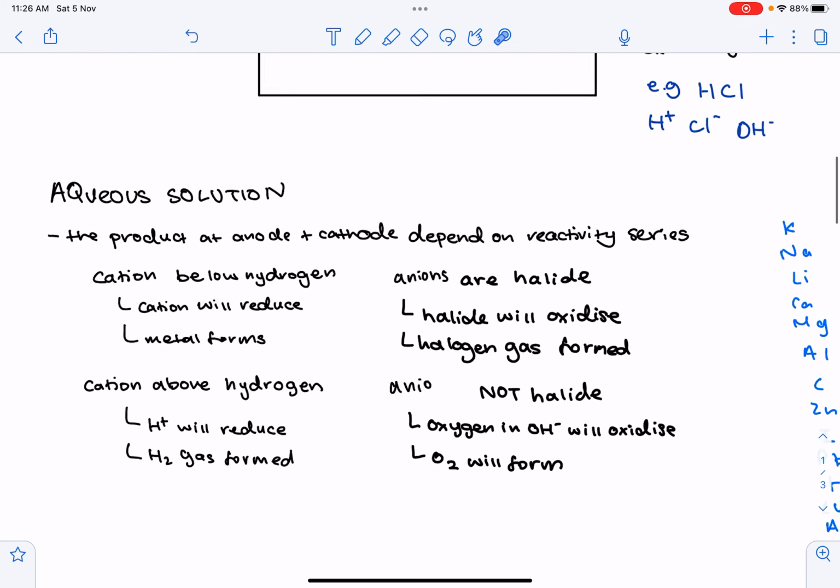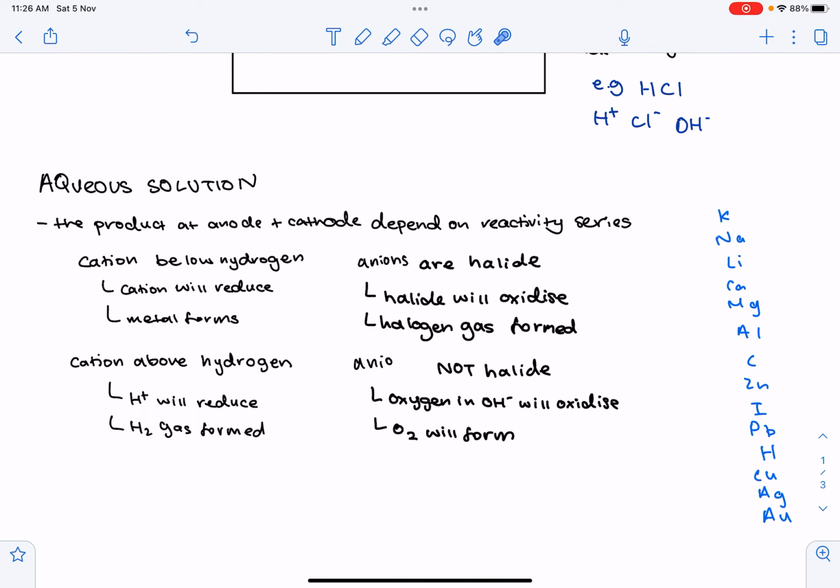So the product at the anode and cathode depends on the reactivity series, which you can see over here. This is the rough reactivity series where reactivity increases like that. This is at the cathode, first of all.